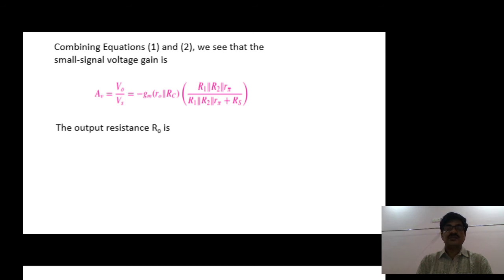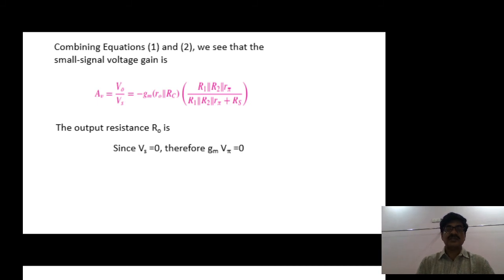Now output resistance. Output resistance is derived by assuming Vs as 0. When Vs is 0, Gm V pi is also 0. Gm V pi is the current source value. Current source value 0 means you can treat the current source as an open circuit.